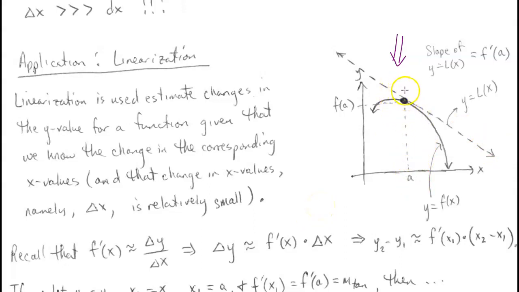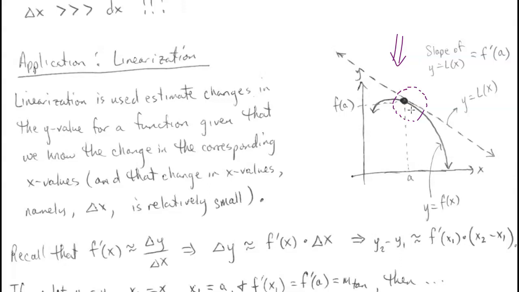If you notice right around here, if we look at our line and our actual function f of x, they are really, really close to each other. So if I needed to estimate how my function f of x is acting close around when x is equal to a, then one way I could do that is, if I knew the equation of the tangent line, I could just use that to make my approximation.